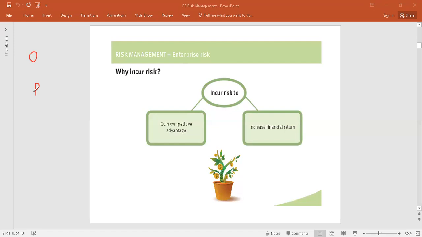If they look at the risk to be low, see like bank account, savings account, post office accounts, etc. The risk is really quite low, but at the same time the rate of interest that is paid on these investment opportunities is also very low. So the return is also very low.